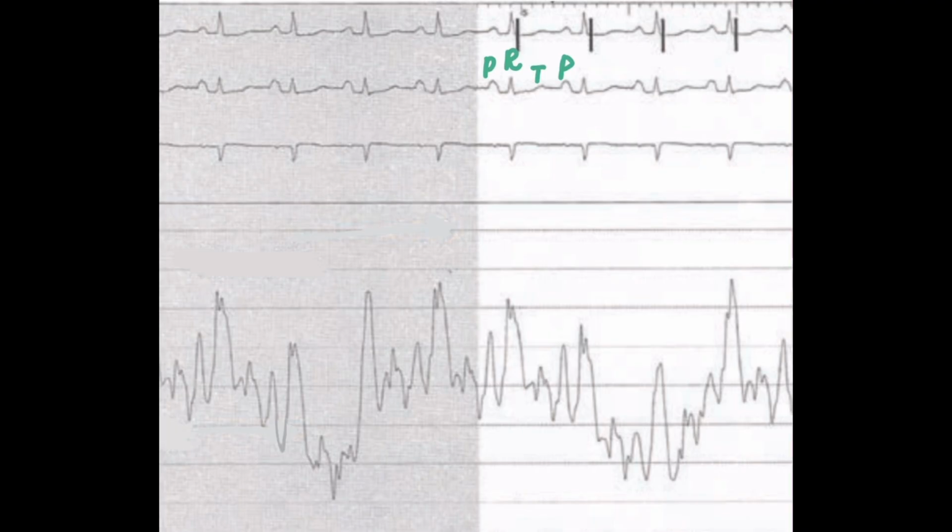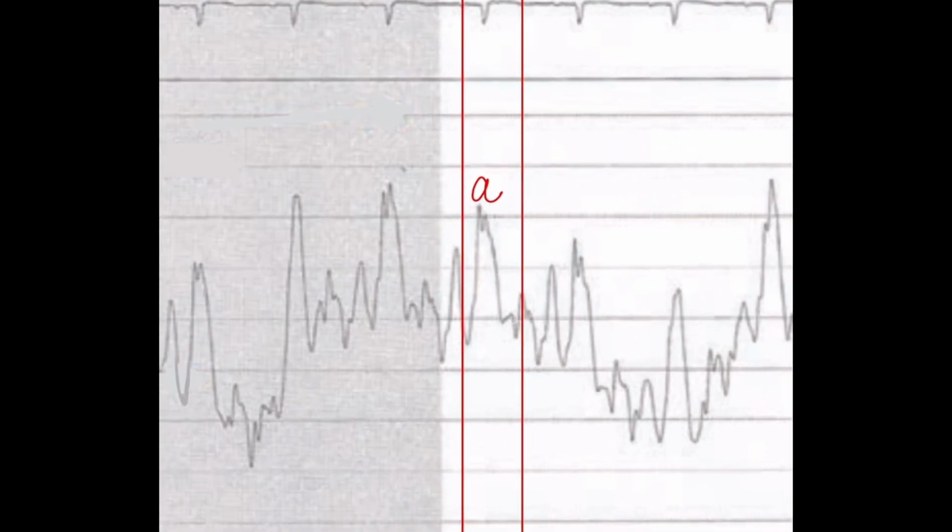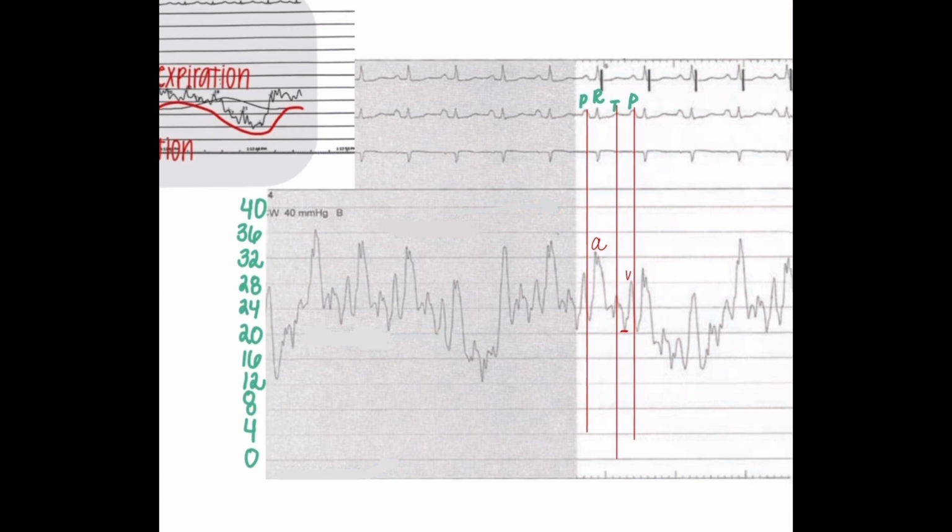And I'm just going to draw some lines down. So let's take this as the P wave, and this is the T wave. Actually, let's just put it between P and T. So this big one here is probably the A wave, and then remember between the T and next P is the V. So this one is probably the V wave, and in between is the X. So we'll call this the bottom of the X descent.